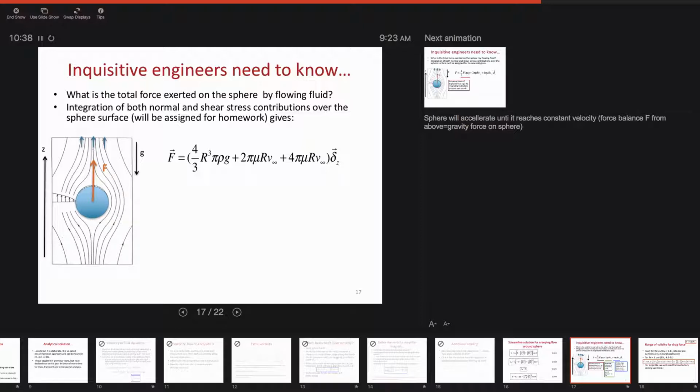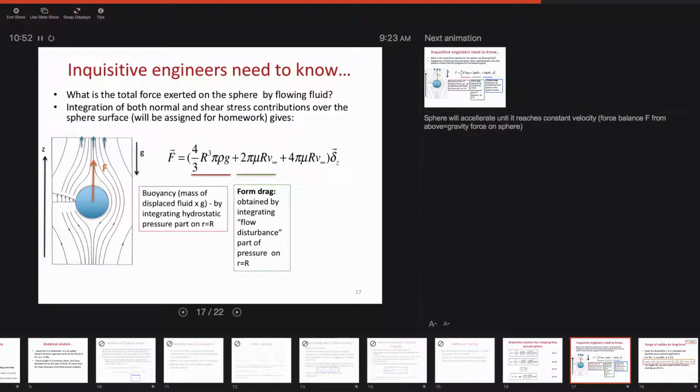Because I integrate not just shear stresses, but actually the total stresses on the sphere, and they have the pressure component in there as well. So when I integrate that, I will get the buoyant forces, and then I will get what we call form drag.